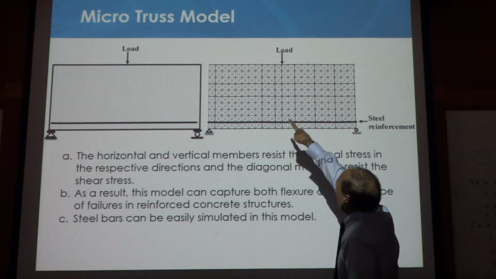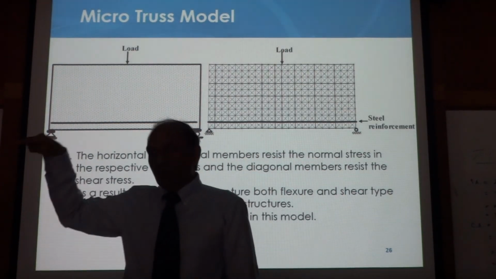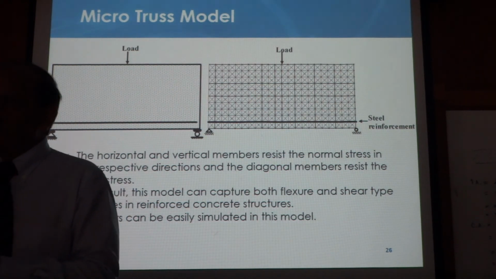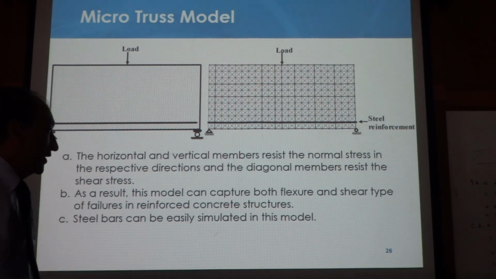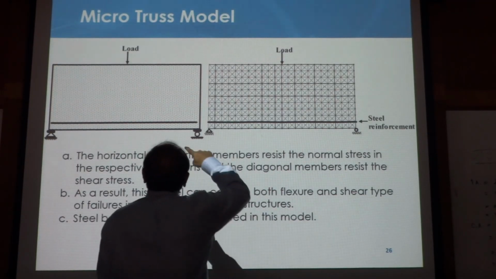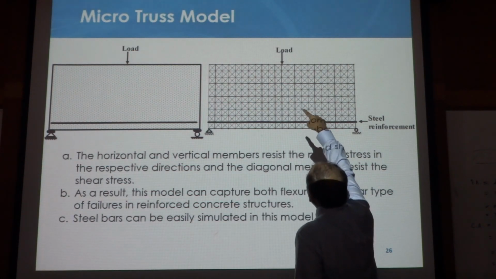You want to find out how the stress pattern will happen in this one, you divide the whole thing into a lot of small trusses, and then you start from the point where the load is applied, and you can see over there that there are loads there.